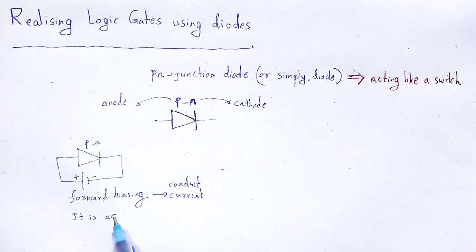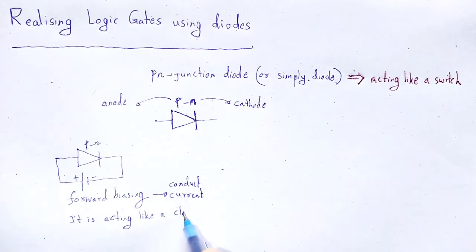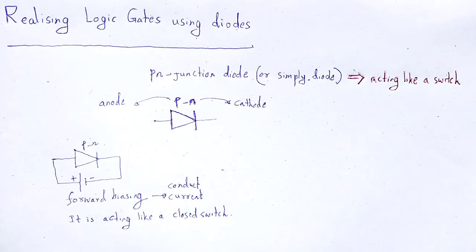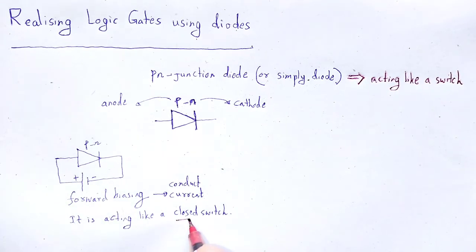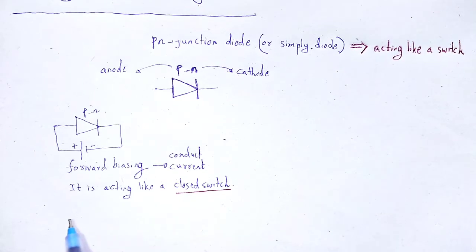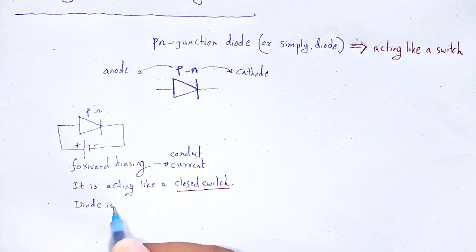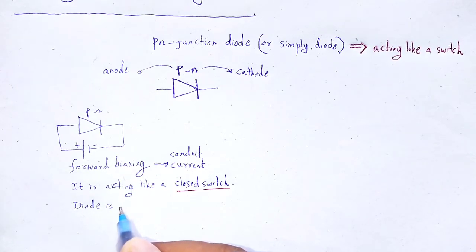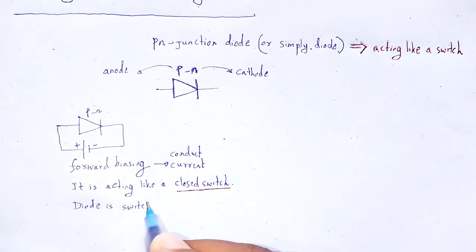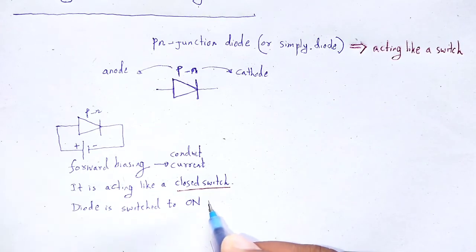It is acting like a closed switch. In other words, technically we say the diode is in the on position, the diode is switched to the on position.